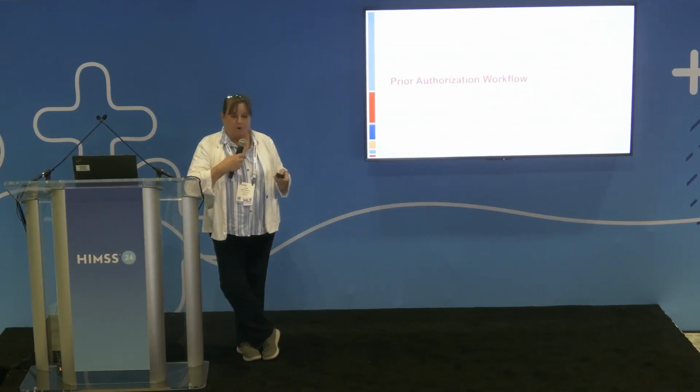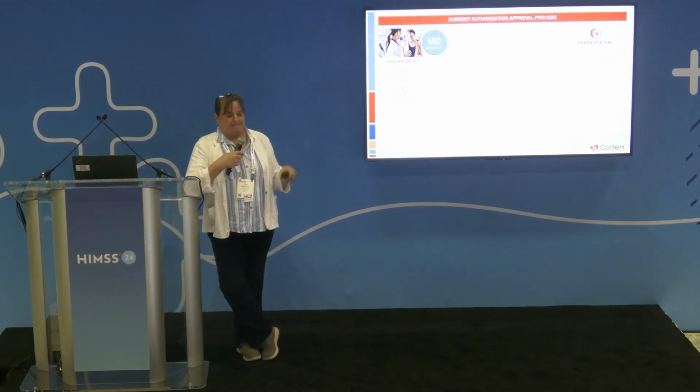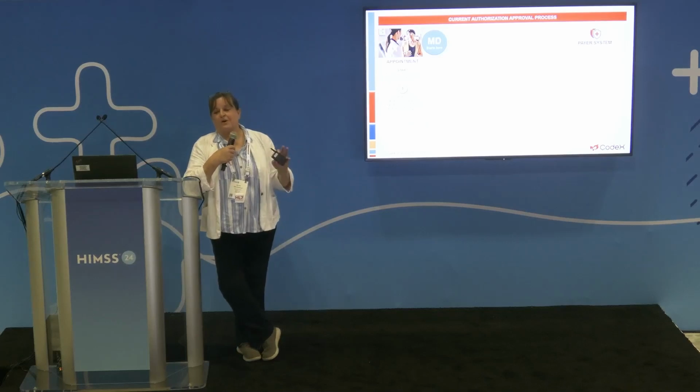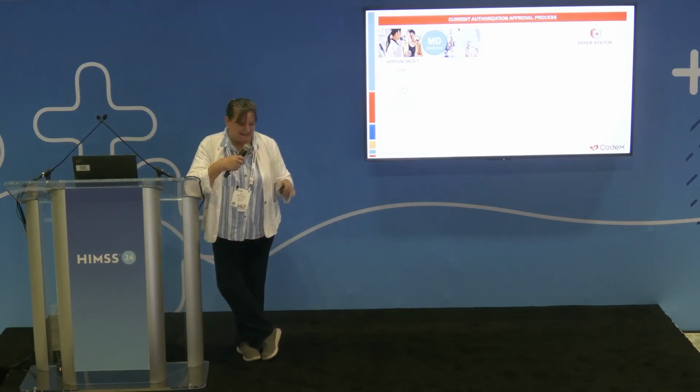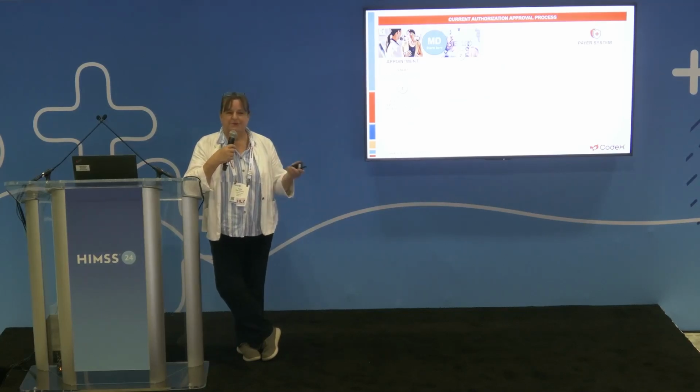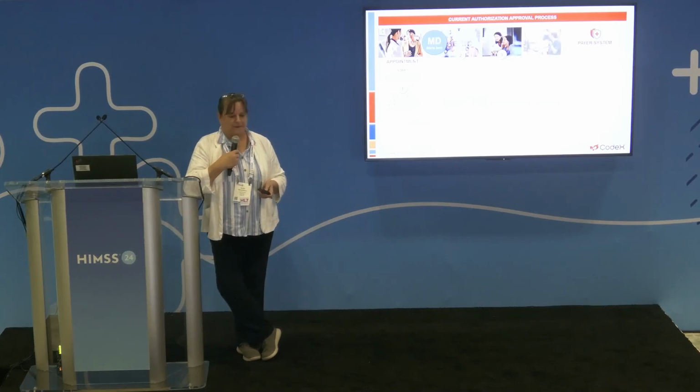Some of the workflow that we're testing, you're probably interested in that. So I'm going to back up. I'm going to tell you what you know already, the bad stuff. Oh, I skipped the bad stuff. No, I did. Okay. The slide looked a little different. I apologize. So in the bad way, you have an appointment. You do a consult with your patient. The patient leaves. The clinician goes into the EMR, enters an order. They then ask the office staff to get a prior auth for that order.